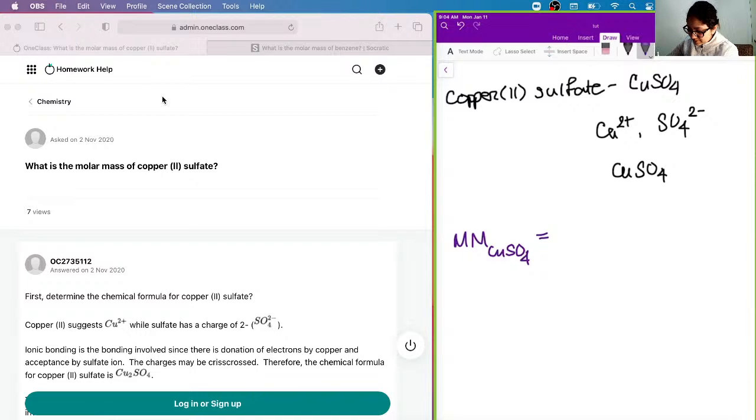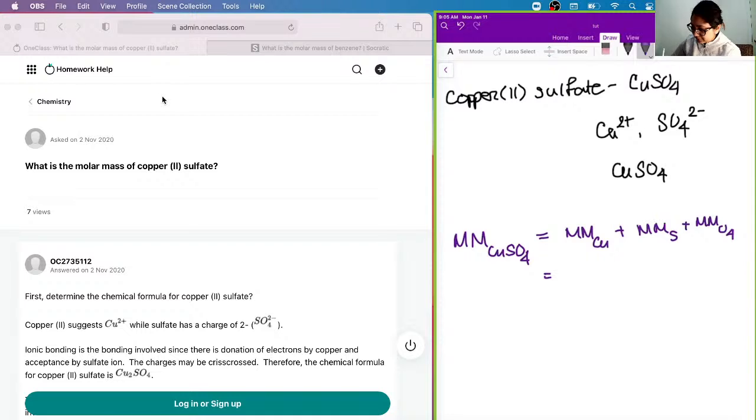We have copper, sulfur, and oxygen, so we would write it out like this: the molar mass of copper plus the molar mass of sulfur, and the molar mass of oxygen. And in this case we have 4 oxygens, so we're gonna write O4.